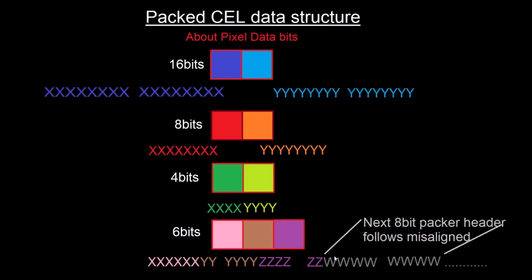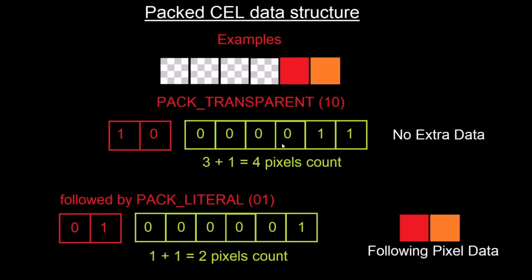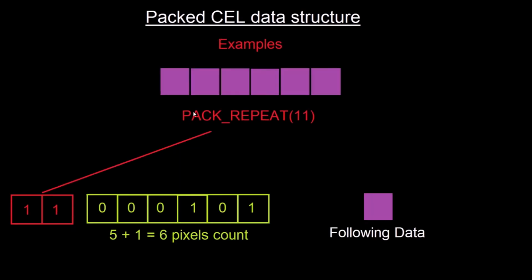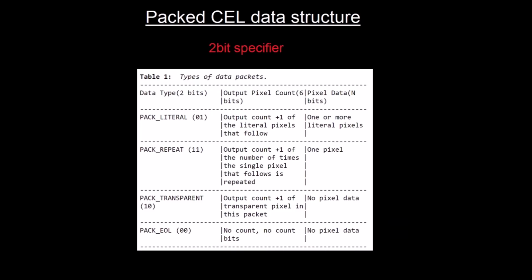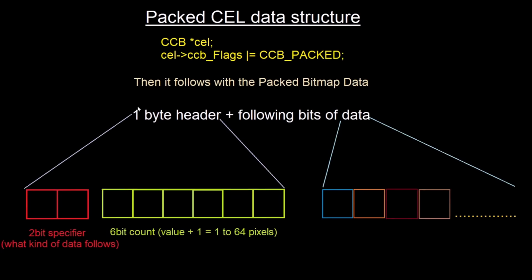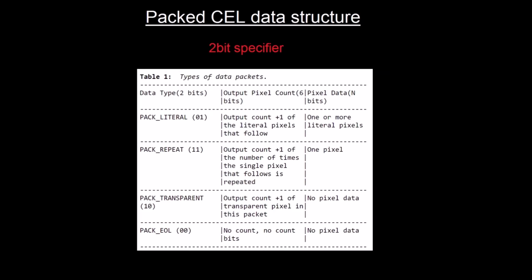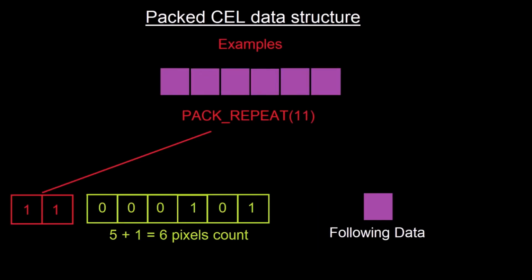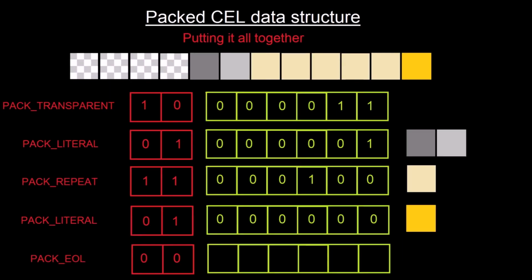And now, do you remember the 8-bit packet header, the 1 byte? That header has to follow the next packet. Okay, this should not be byte aligned. This should be densely packed into the previous remaining bits.